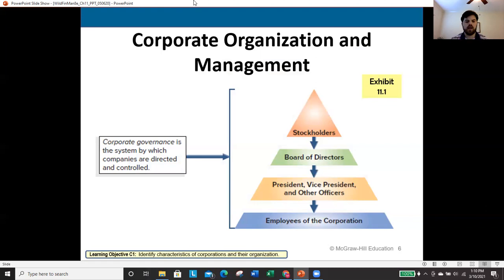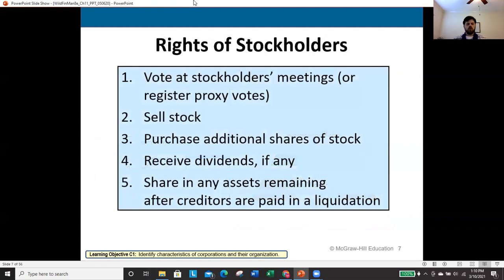Very good. Now, when we talk about stockholders, there are some basic rights that we normally have. One is that we can vote at stockholders meetings, or you can register to vote as a proxy. So for example, let's say Walmart has their annual stockholder meeting in New York, and I've recently bought 3 shares of Walmart stock. Walmart, let's say for this example, has 1 million shares outstanding.